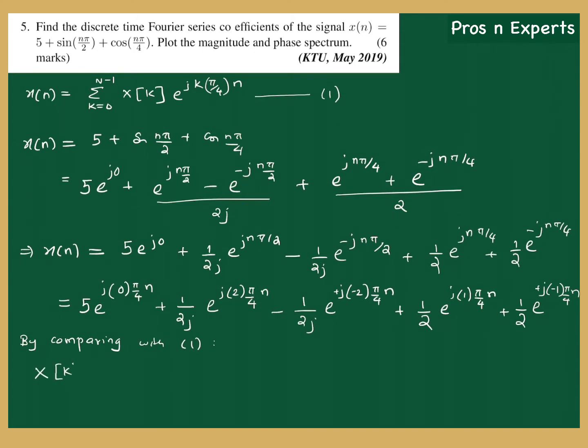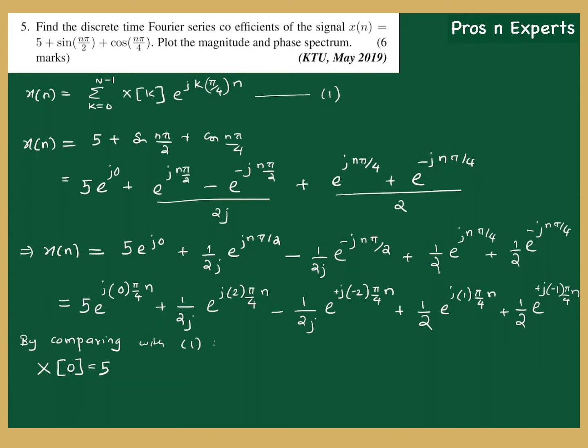X of k equal to 5 at k equal to 0. Or in other words, I can write it as x of 0 equal to 5. So capital X of 0 equal to 5. That is our DC component.